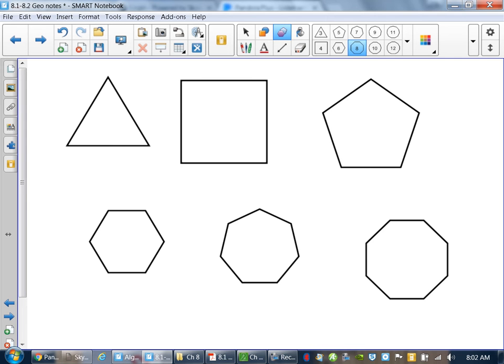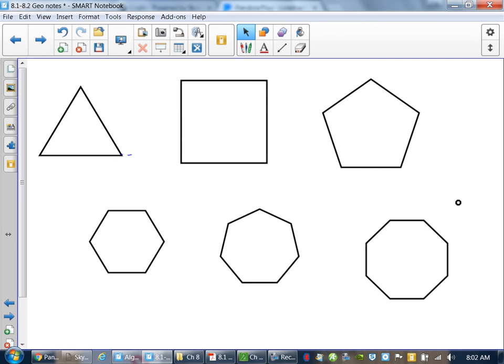When you're talking about the exterior angles, you're talking about the angles on the outside. Those are these, the exterior angles. Now, if you're going around an object, how many degrees does it take you to get around an object? 360.